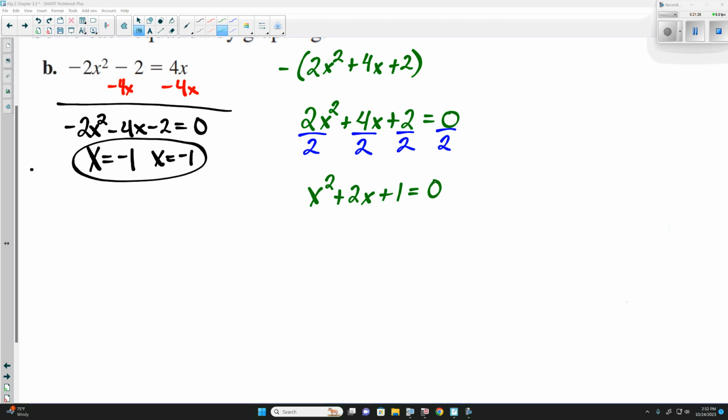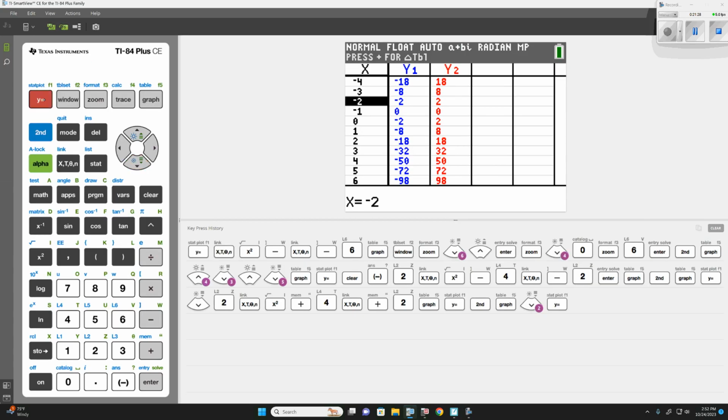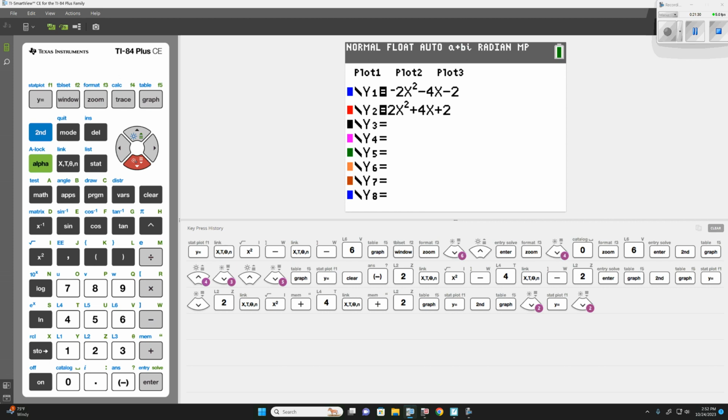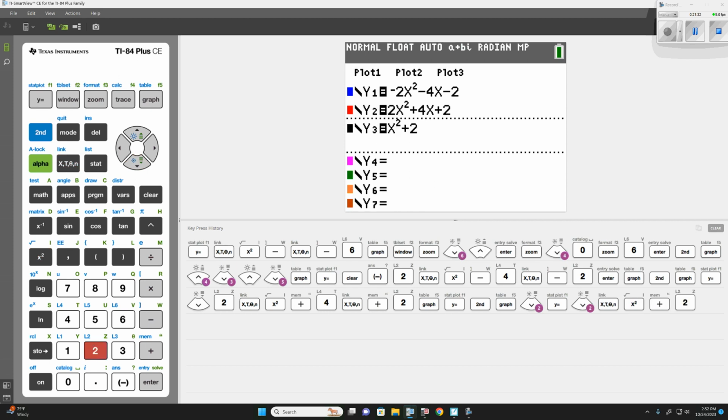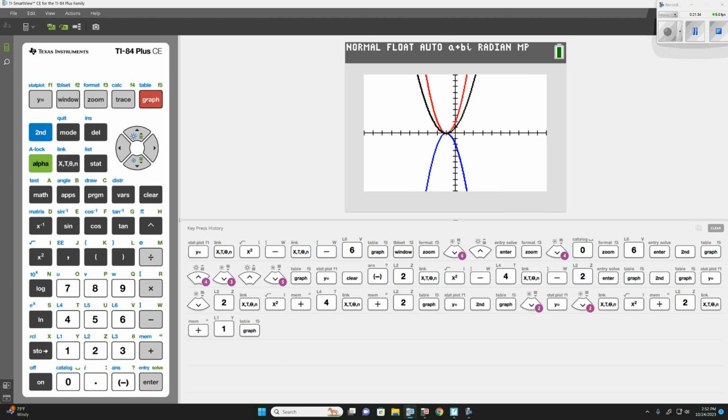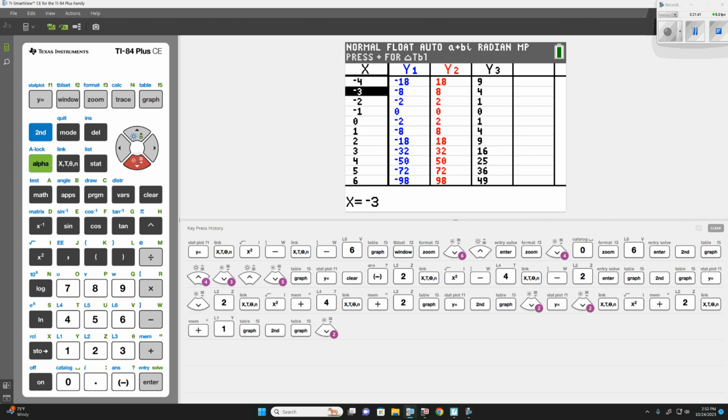Let's see what the graph looks like. Well, that's different than any of the other two, yes? When x is -1, what's the y value? It is still.